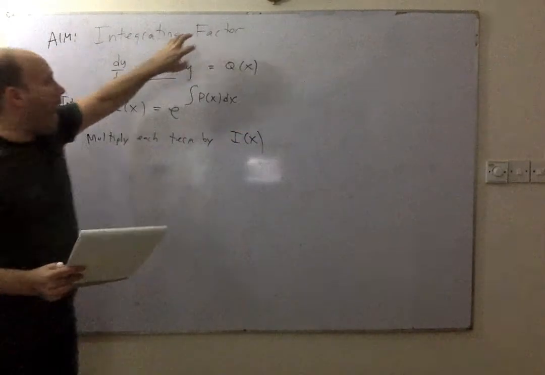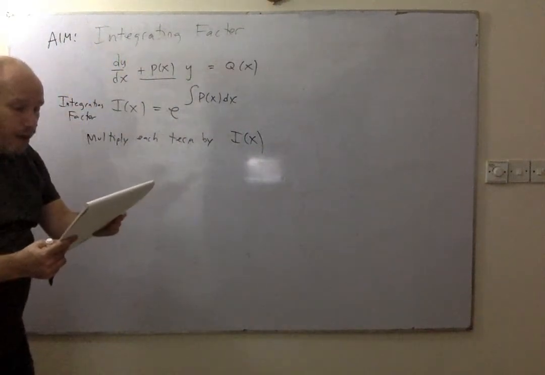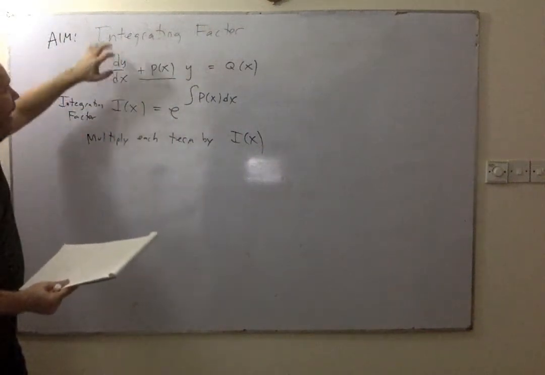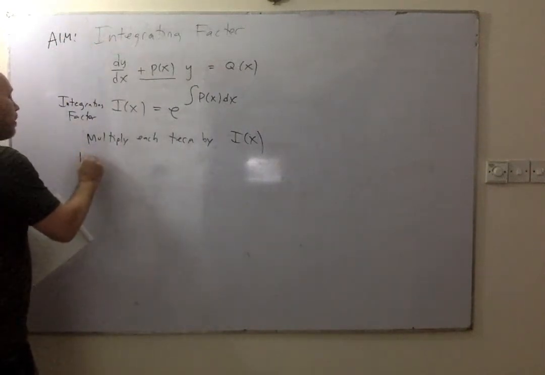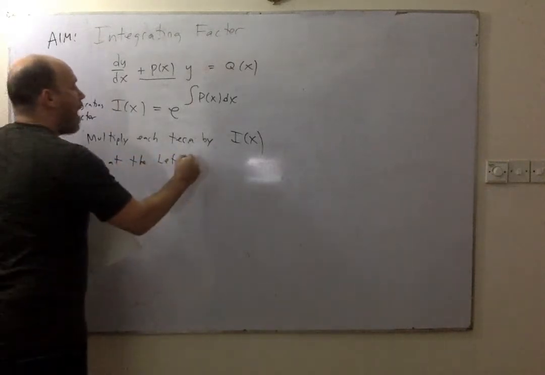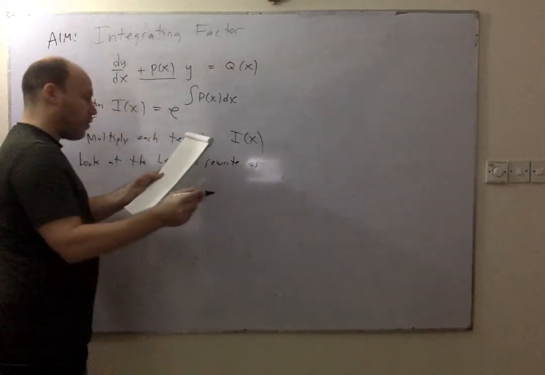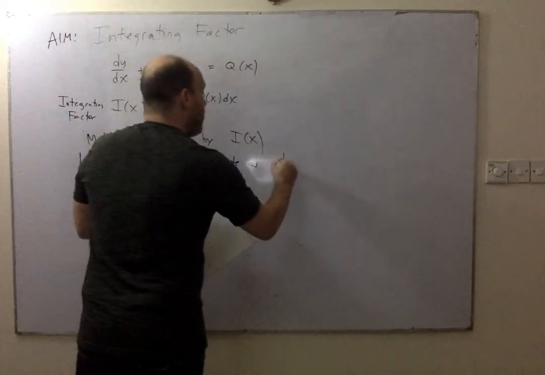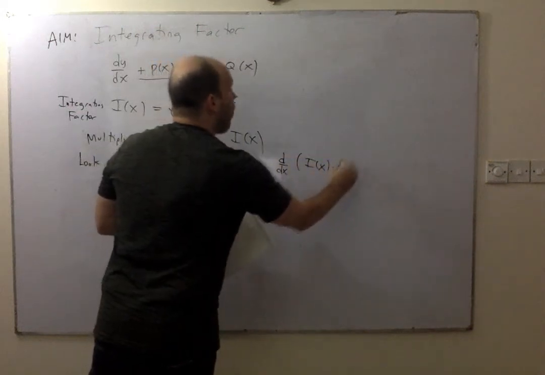Now, it's going to work out really nice, because you're going to look at the left side and be able to rewrite it as d/dx of the integrating factor times y.